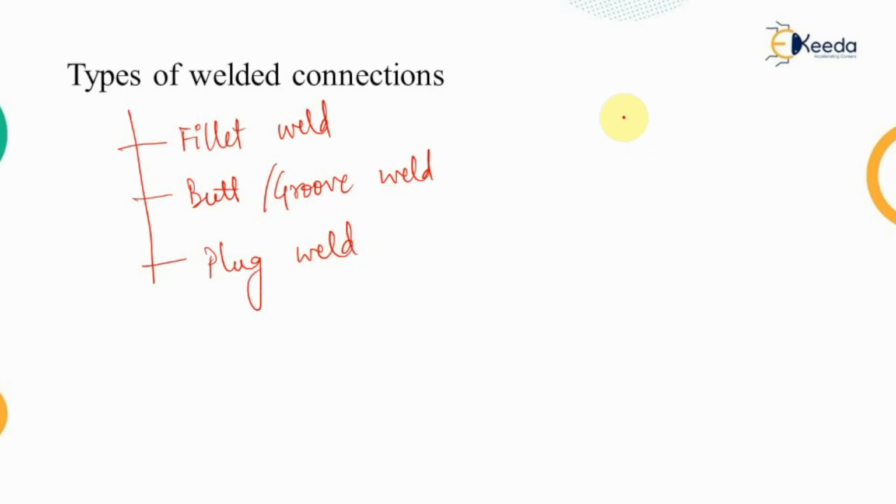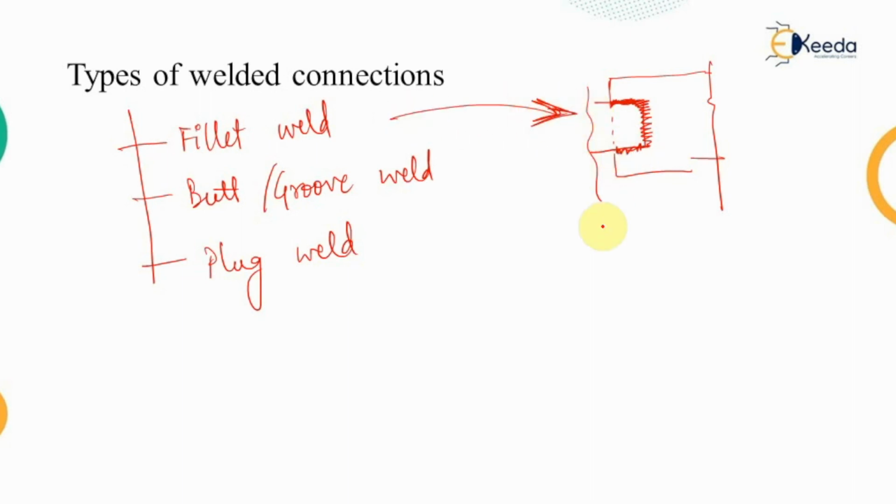So fillet weld is when, let's say, we are connecting this plate to this bigger plate, a smaller plate with the bigger plate. That means the welding has to be done only on the edges. Along the edges we are providing the welding. That type of welding is known as the fillet weld.